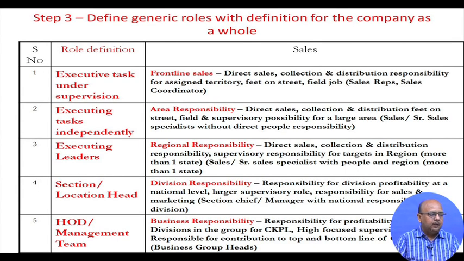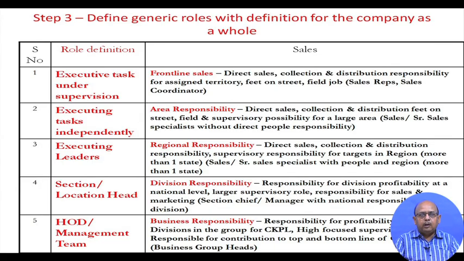Okay. What is his field job? All this comes under this category. That is how it has been identified. How much job you are going to do independently in terms of your responsibility. Similarly, what is the leadership capability that is required. Again, this is a responsibility that you have to perform in order to go for sales, collection, distribution, all kinds of things.